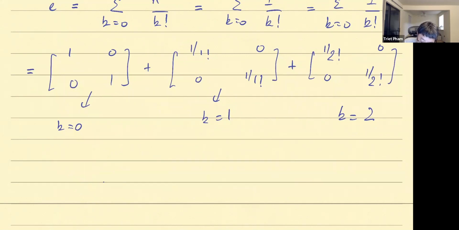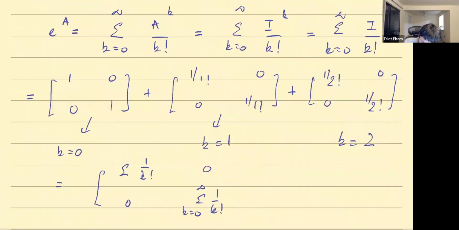So the point is, right, you see that this sum together just gives us the sum over 1 over k factorial, 0, 0, sum over 1 over k factorial, k from 0 to infinity, which gives us e, 0, 0, e.